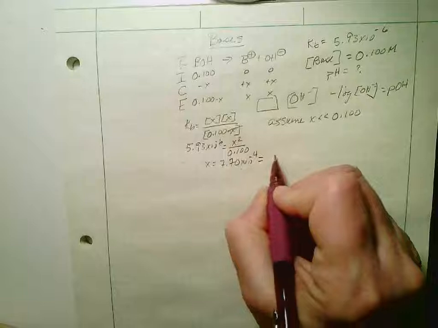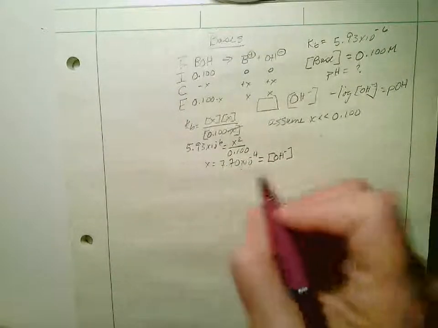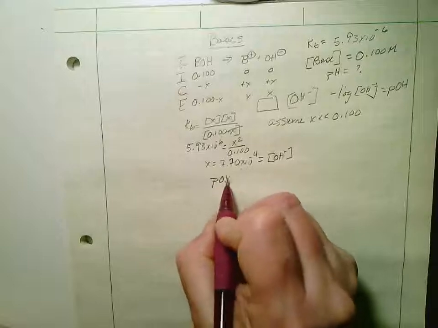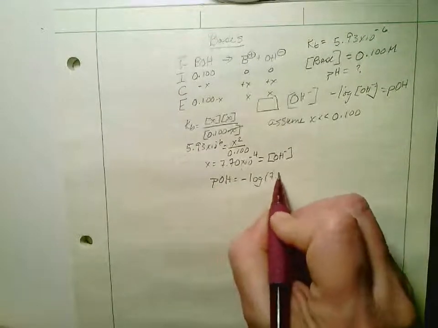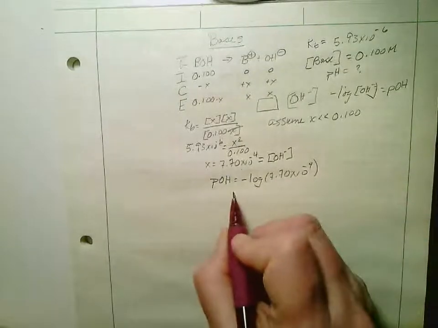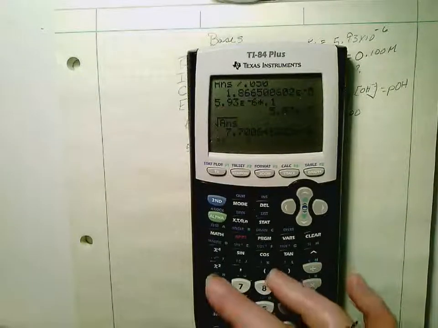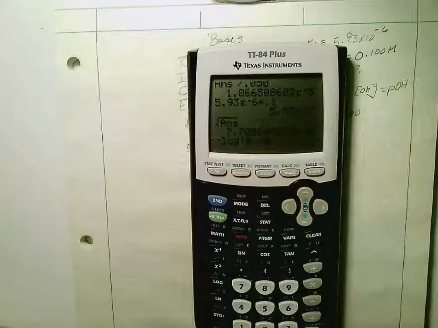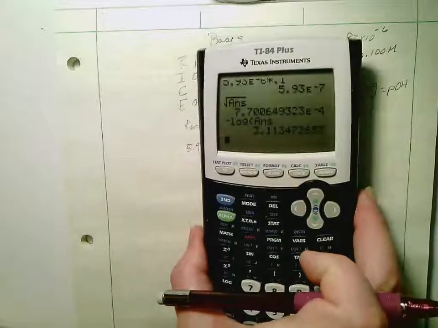The trick here is to remember this is the hydroxide ion concentration. So I can find the pOH by taking the negative log of 7.70 times 10 to the negative 4th. And when I do that, negative log second answer equals, I get 3.113.